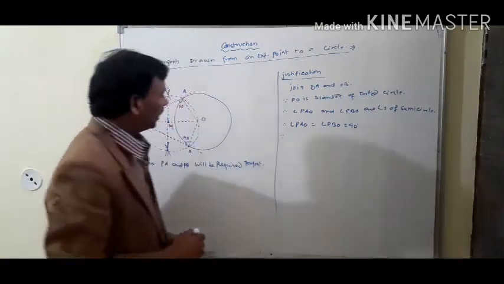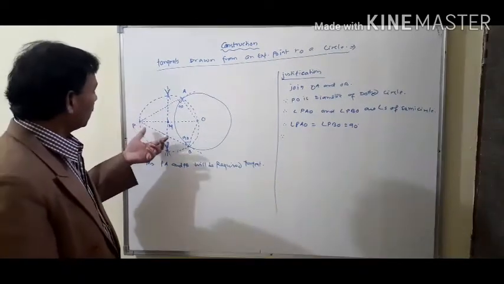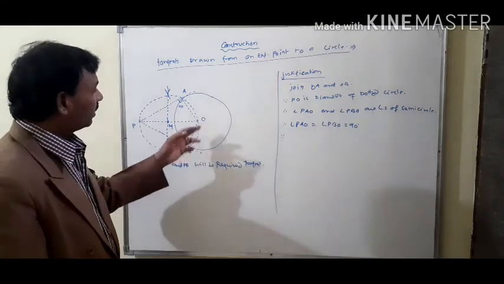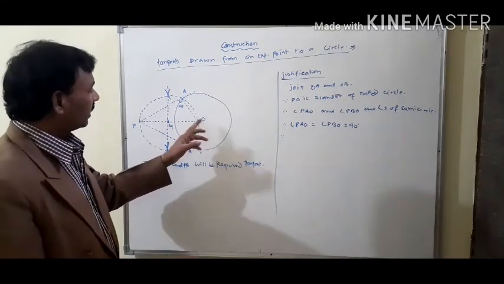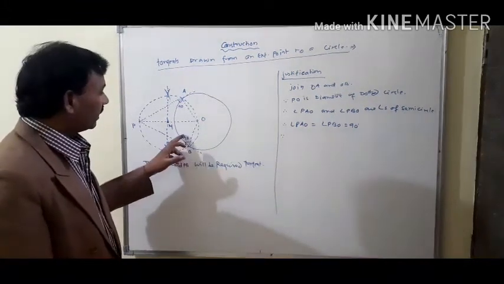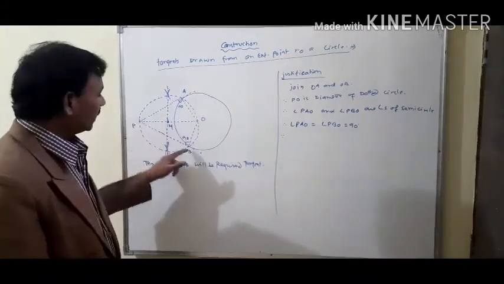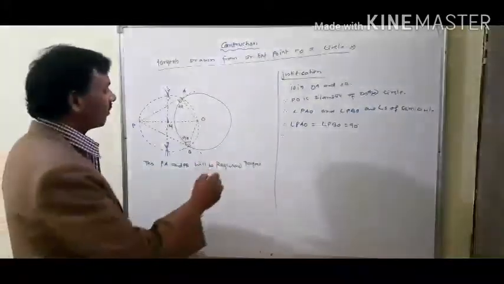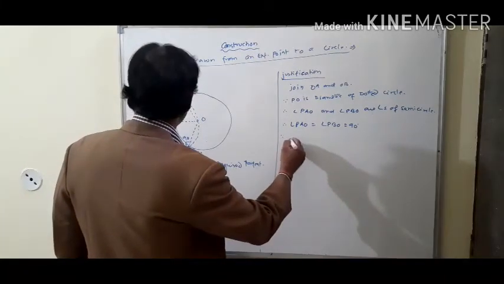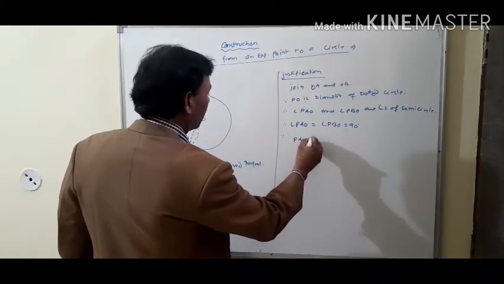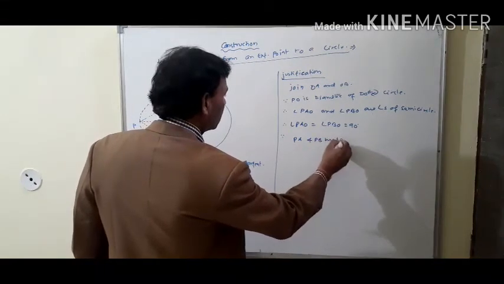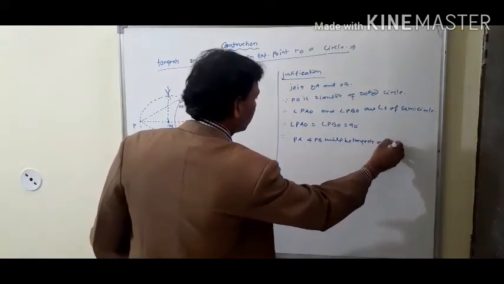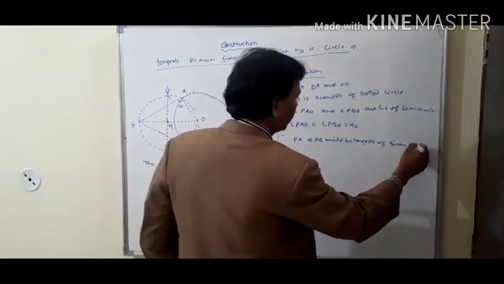As you know, the line joining the point of contact, meaning the common point, to the center of the circle at 90 degrees is a tangent. So PA and PB will be tangents of the given circle.